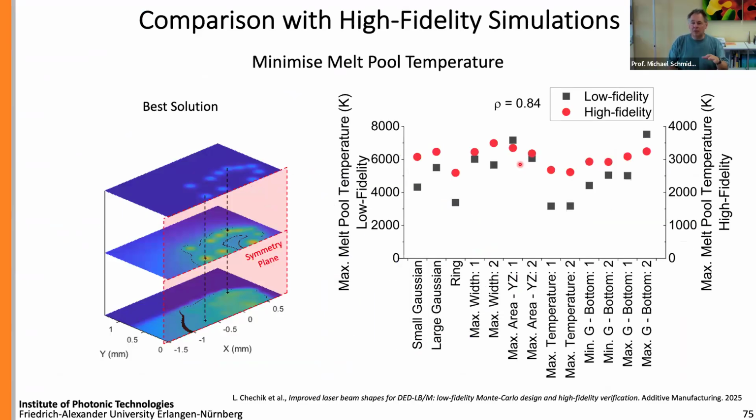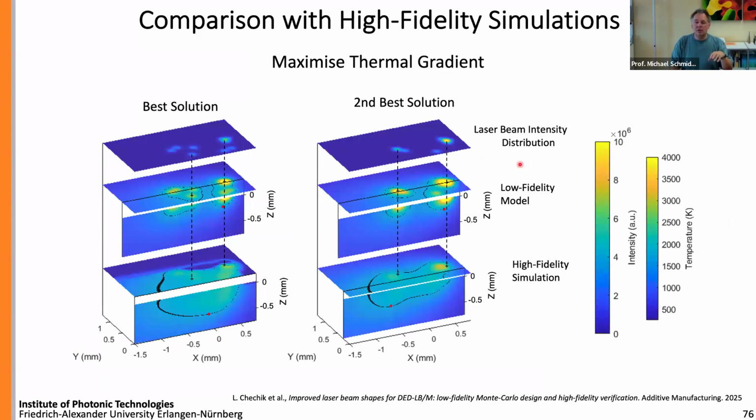And we found that, as you can see here, just compare the black and the red dots, for some areas it's comparable, for others not. Why? Because our low fidelity model doesn't include evaporation and everything. It doesn't include convection, which the high fidelity model, of course, does. But as a first hint for which beam shape you want to go, if you can define your boundary conditions, this might be a way to start.